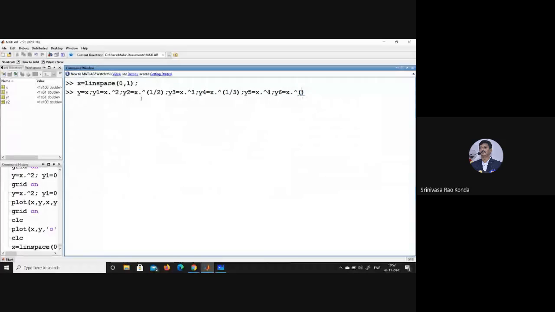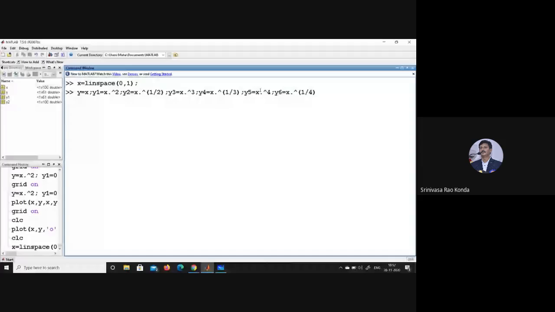That means I have taken y is equal to x, y is equal to x square, y is equal to root x, y is equal to x cube, y is equal to cube root of x, y is equal to x to the power of 4, y is equal to 4th root of x.